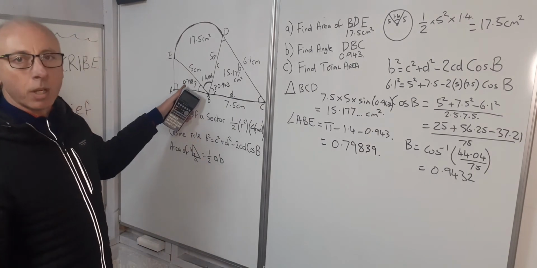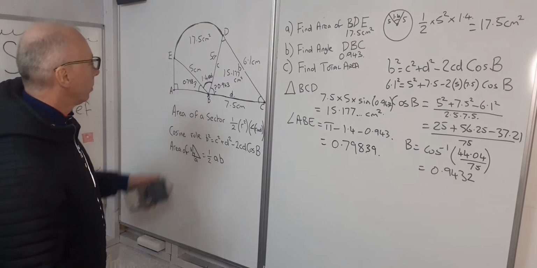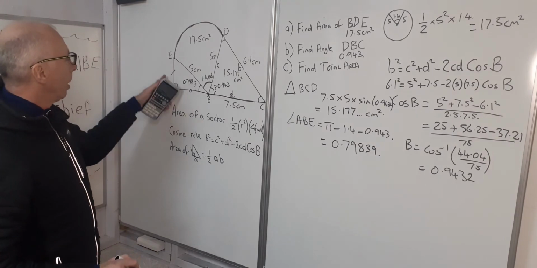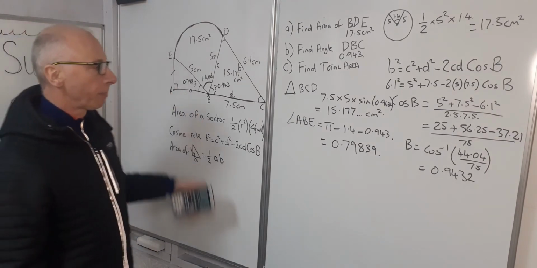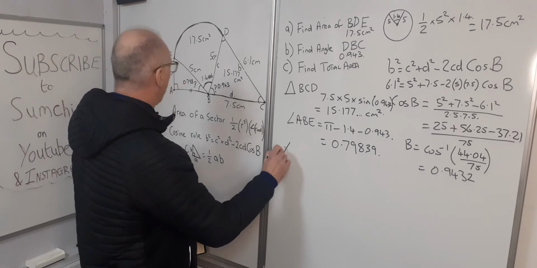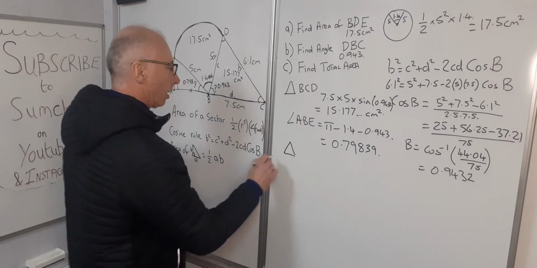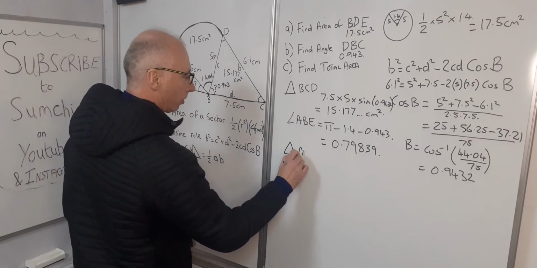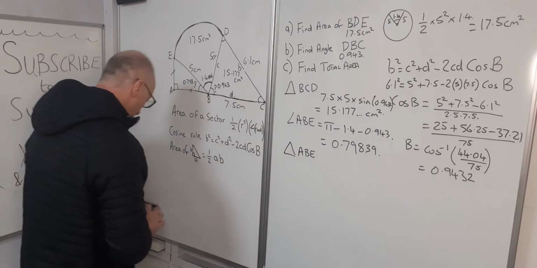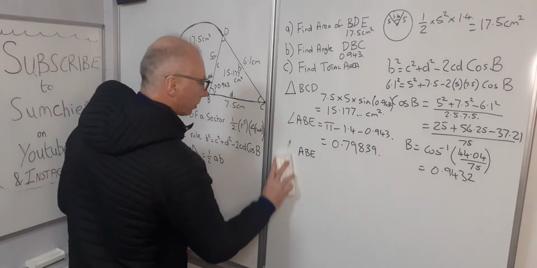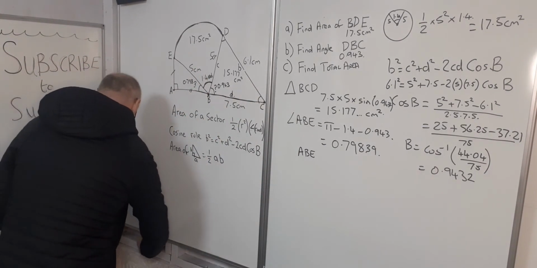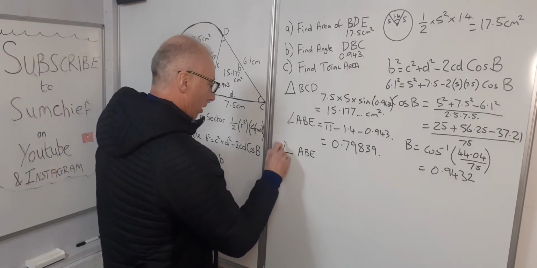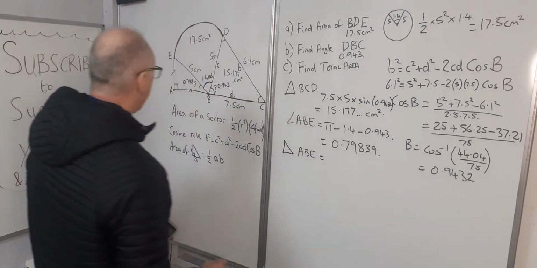Okay, so as we know this angle, and it's a right-angled triangle, if we know the length of this side and this side, we can multiply them together and divide by 2. So our formula for ABE, that's a right-angled triangle.